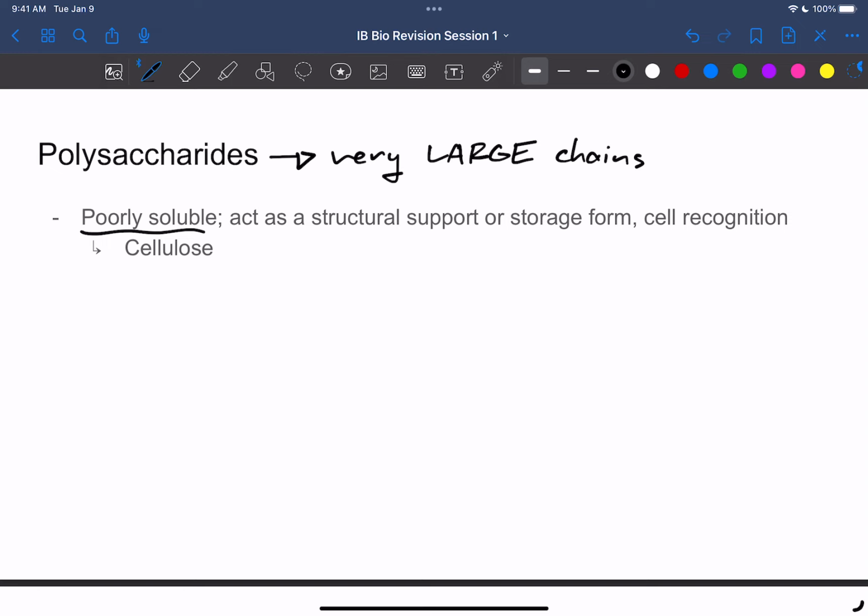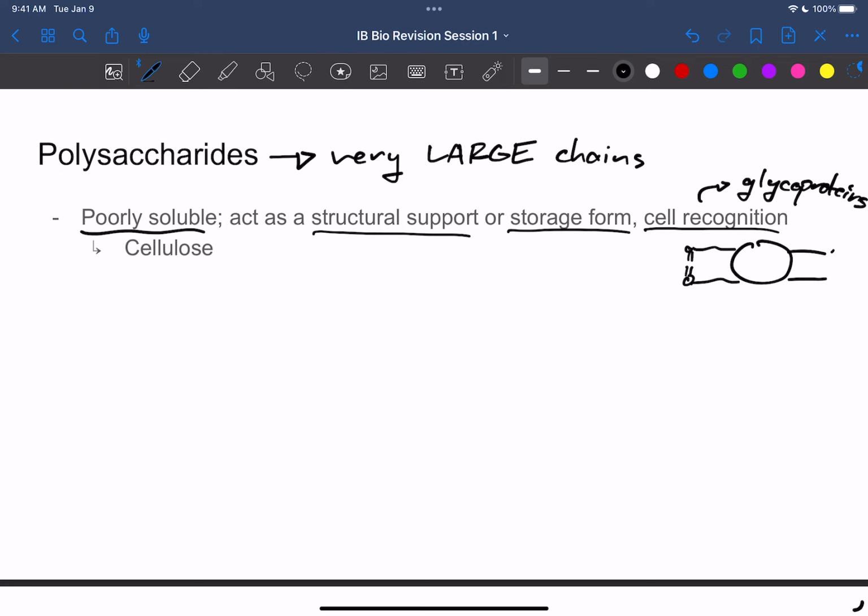So, what do polysaccharides do? Well, they act as a structural support or storage form or cell recognition. And we talked about this. This is glycoproteins. So glycoproteins, just draw a quick membrane here, are in our cell membrane, and this is a protein.